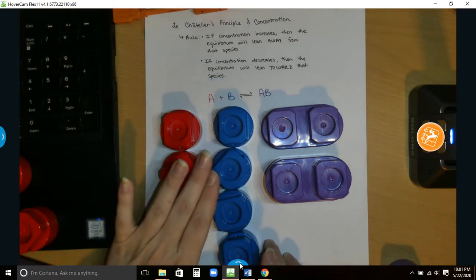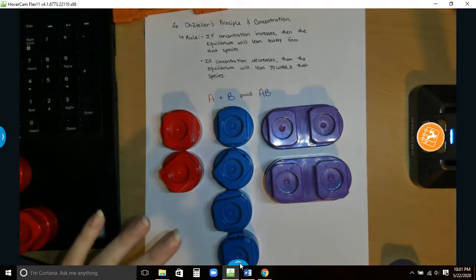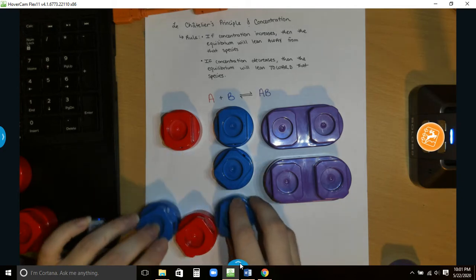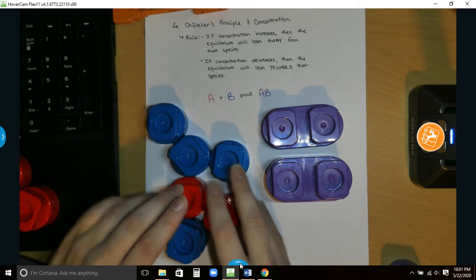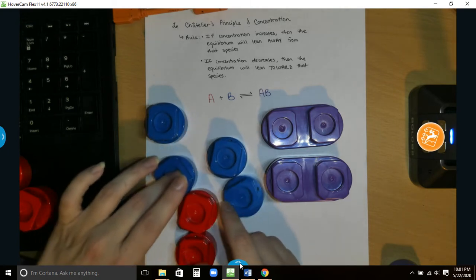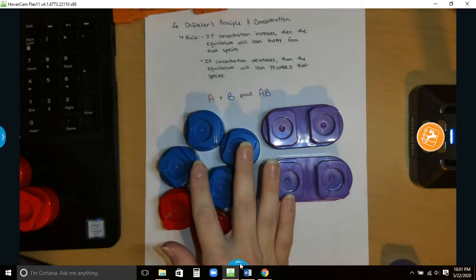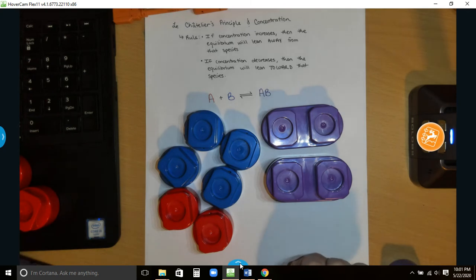Now we have to keep in mind that all of this would be happening in the same container. And so all of these particles would be moving around constantly, right? And even as I'm moving these blocks, notice that they are hitting and bumping into each other. When I increase the concentration of B, I am increasing my number of collisions. Now we know that not all collisions are going to be effective.